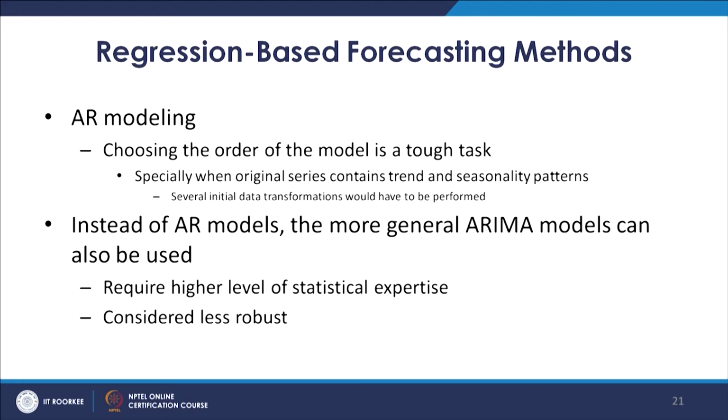Choosing the order of the model is a tough task, especially when the original series contains trend and seasonality patterns. When both these patterns are present, it becomes even more complex. So, several initial data transformations can be performed, and these would essentially indicate to us the order of the model that could be used.